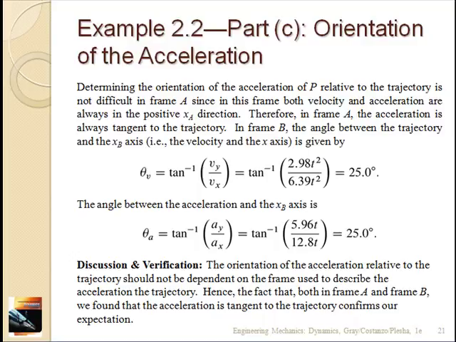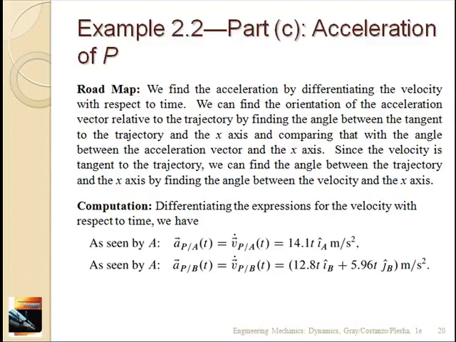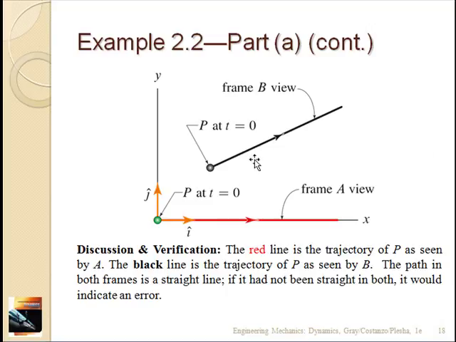So if we look back here, see if I can find a good picture. If this is what the path looks like, then we'll have acceleration vectors or velocity vectors along that path. Let's say if we just focus on velocity, the velocity has to be tangent to the path, so the velocity will be along this direction.